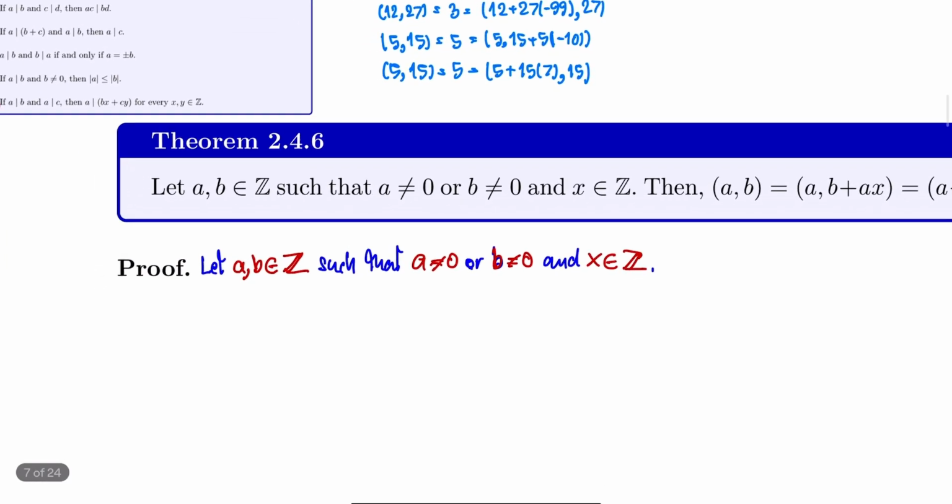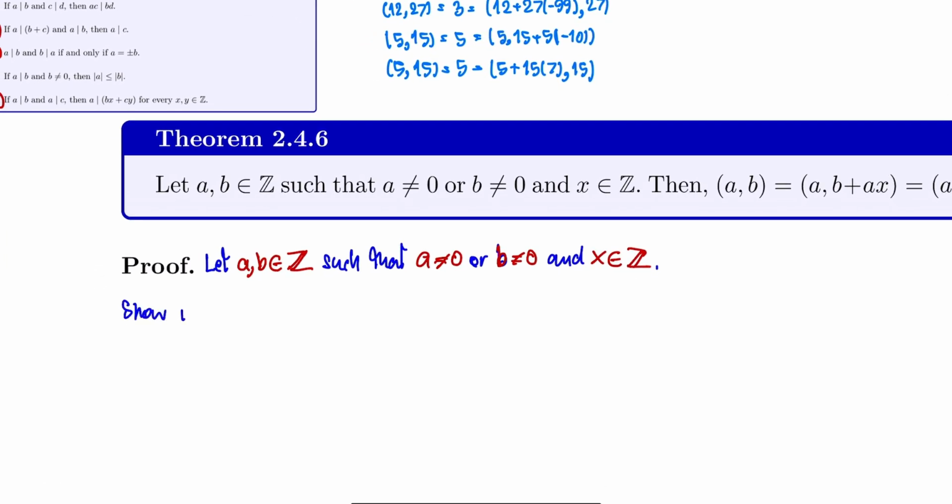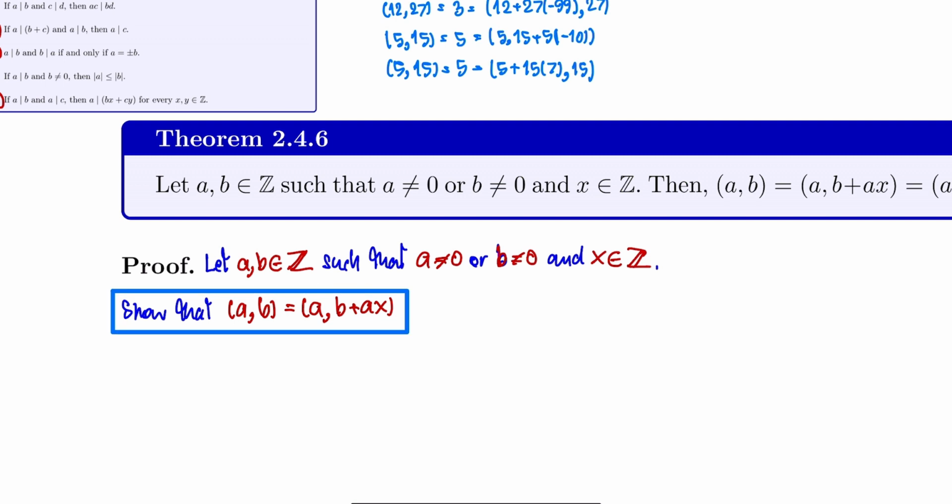And we want to show that the greatest common divisor of a and b equals the greatest common divisor of a and b plus ax. Alright, we want to show this one.